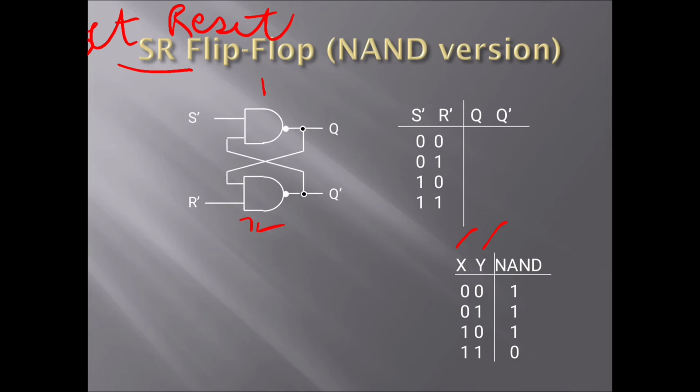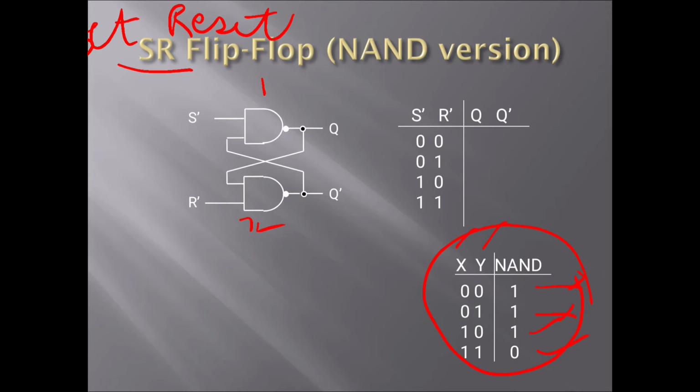When input values are 0, 0, the output is 1. When XY values are 0, 1, the output is again 1. With 1, 0, again 1. And when XY inputs are 1, 1, the NAND output is 0. This is the truth table of a single NAND gate.